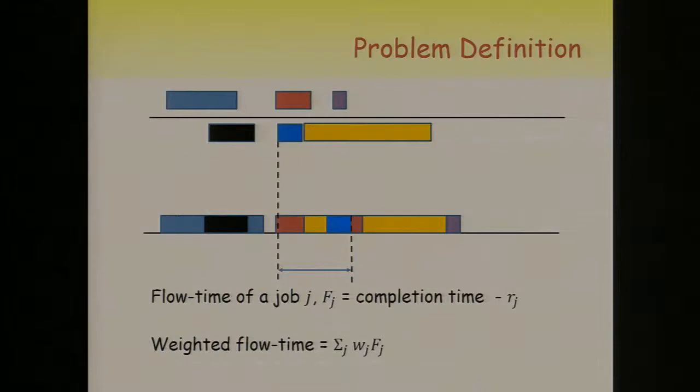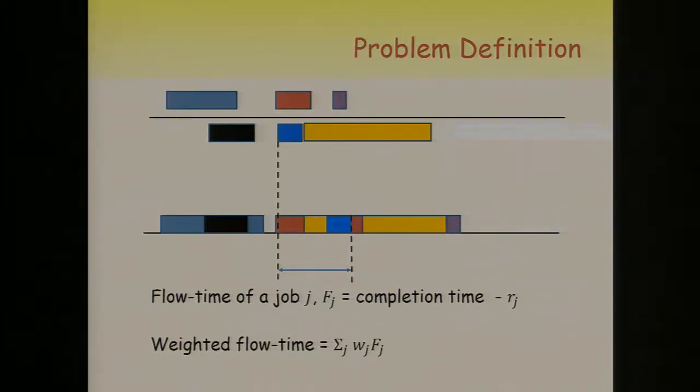The schedule could look like this. You can only start this red job at this time, and you can do this red job for a while and then bring in the yellow job, and maybe bring in this job here and then do the remaining part of the red job here, and so on and so forth.